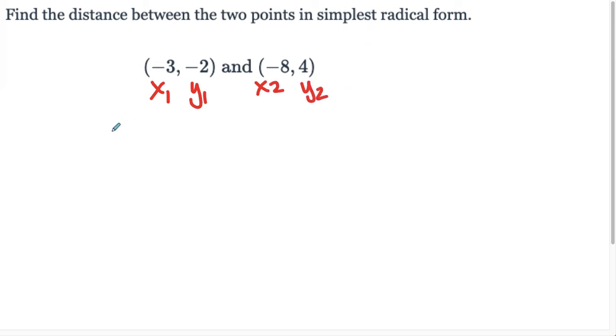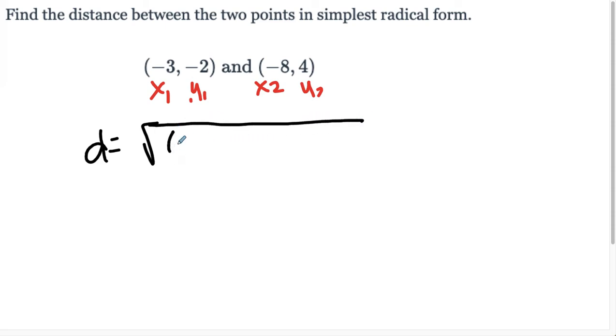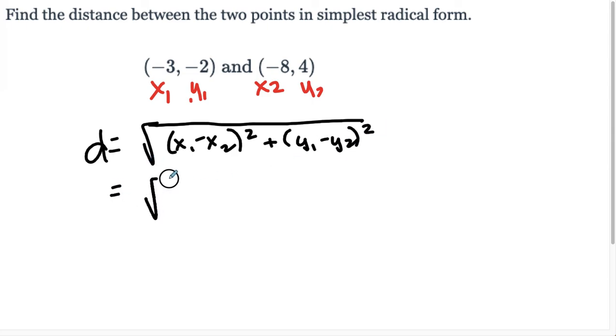So applying the distance formula, it is the square root of the difference of your x's, all squared, plus the difference of your y's, all squared. And D can stand for distance.